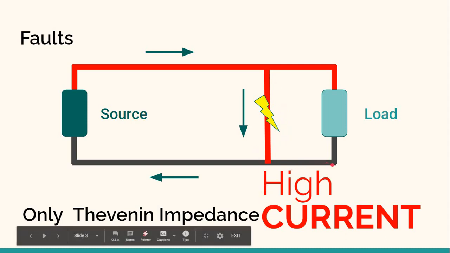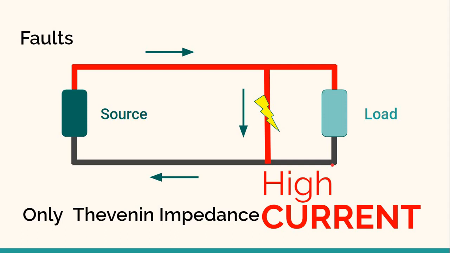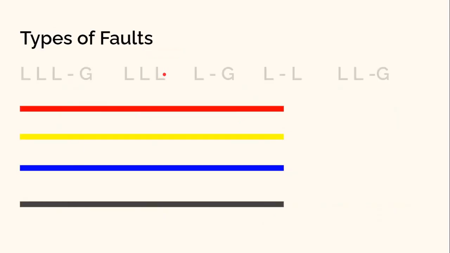So the resulting current will be high in nature, which should be avoided. These high currents will cause overheating of the source and conductors, which should be avoided. These kinds of faults will happen in our three-phase power system, and we can classify these faults as follows.